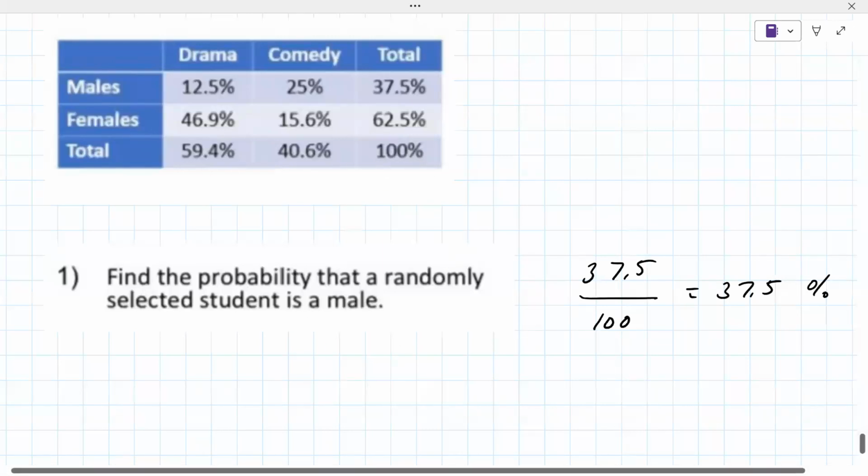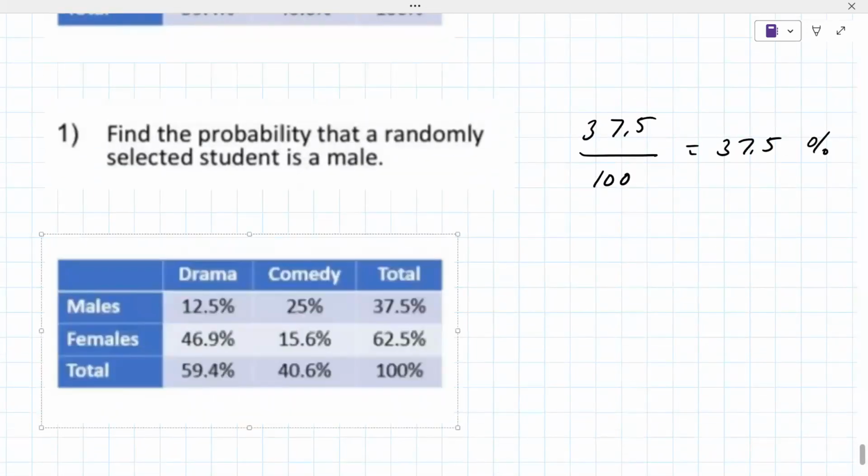So 37.5, the probability that they're male. They already tell you that the total is 37.5 males, and you know the total for everyone is 100.